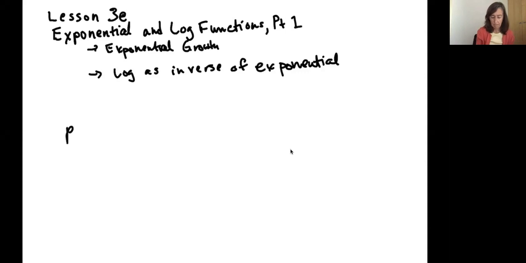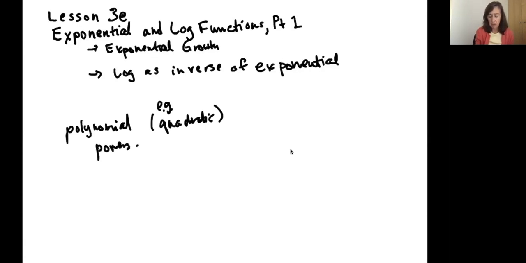polynomial functions, of which quadratic functions are an example. Polynomial functions involve powers of x. Okay, a quadratic function might have x raised to the second power and x to the first power in it.